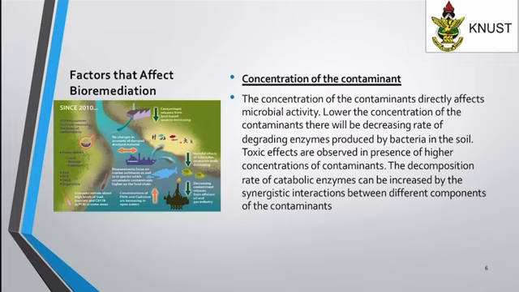The lower the concentration of the contaminants, the lower the rates of degrading enzymes produced by bacteria in the soil. Toxic effects are observed in the presence of higher concentrations of contaminants. The decomposition rate of catabolic enzymes can be increased by the synergistic interactions between different components of the contaminant.